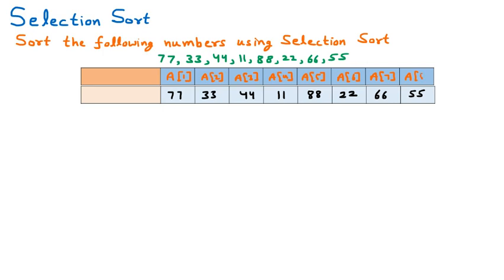We have taken this so that we can find their positions. Like 77 is at the first position, and 22 is at the sixth position. So these are the positions of these numbers.